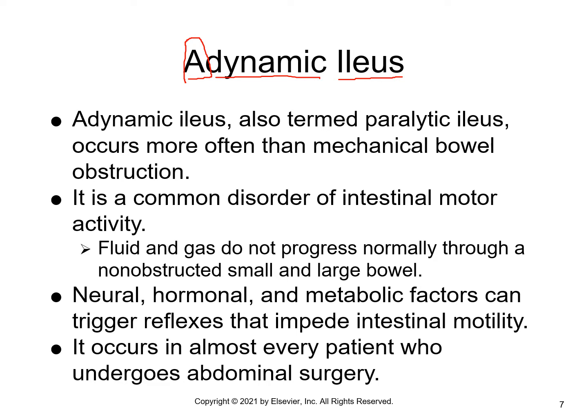Other causes can be hormonal or metabolic factors, and it will occur to some extent in almost every patient who undergoes abdominal surgery. So we'll look at these and think, oh, they have a small bowel obstruction because it's going to have a very similar appearance. But what it really is, is a paralytic ileus.